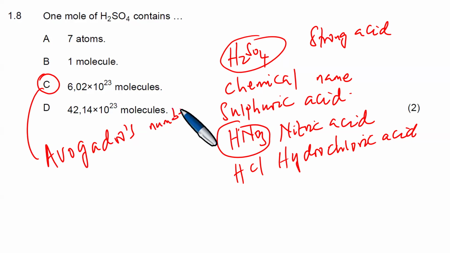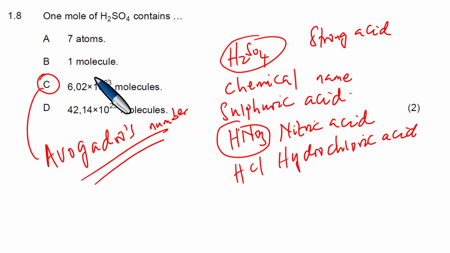It gives us the number of molecules in 1 mole of a substance. So 1 mole of this acid will therefore contain 6,02 times 10 to the 23 molecules, and that is the correct answer.